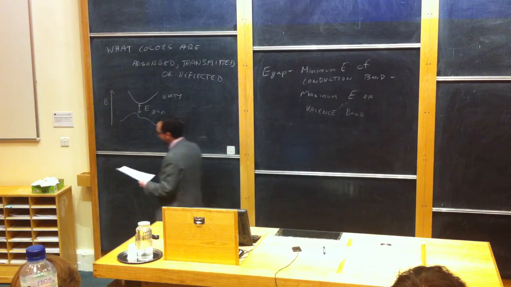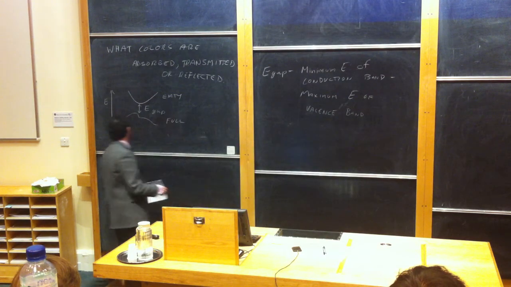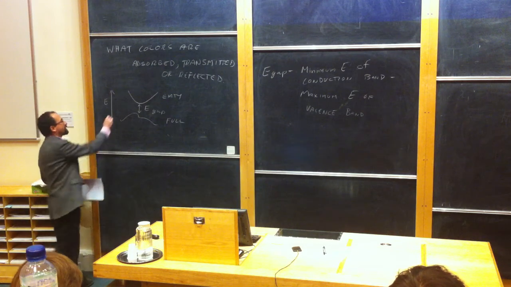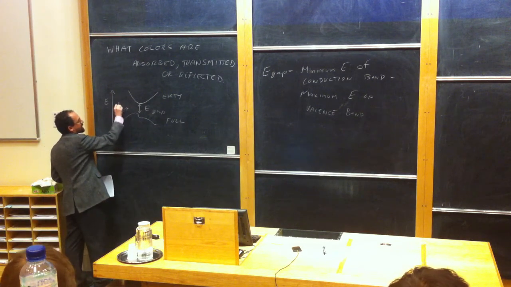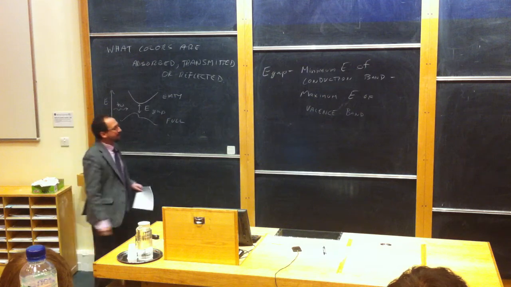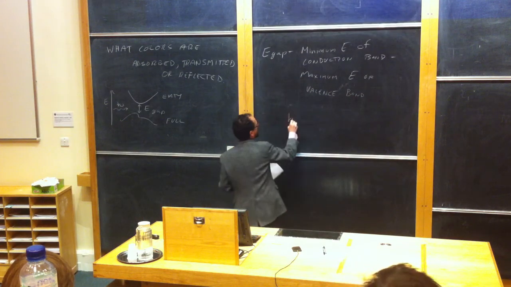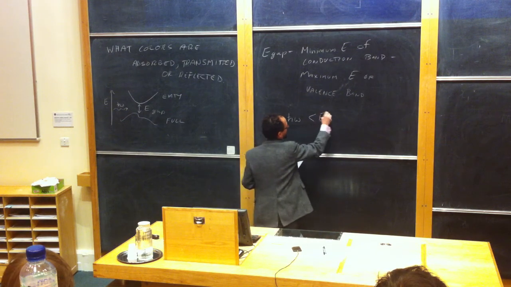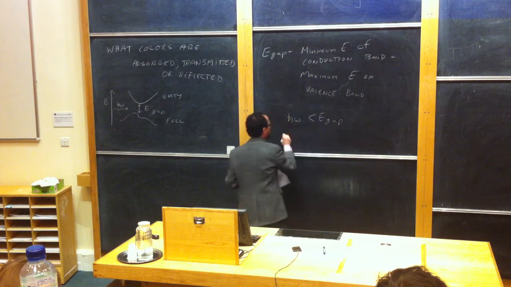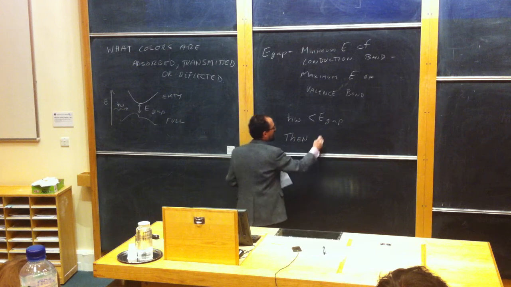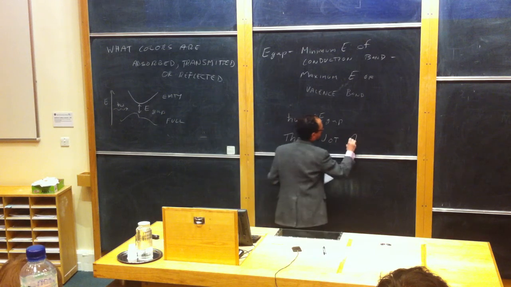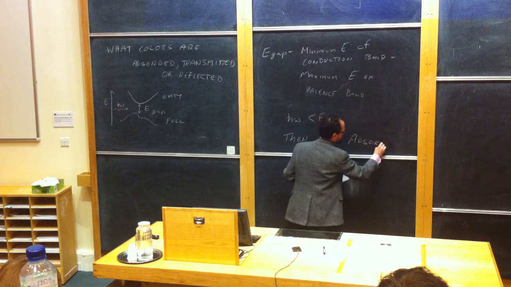Okay, so there's some gap, and we're going to send into this material a photon with some frequency, energy h bar omega. Now, if h bar omega is less than the gap energy, h bar omega less than E gap, then the photon is not absorbed. Why is that?